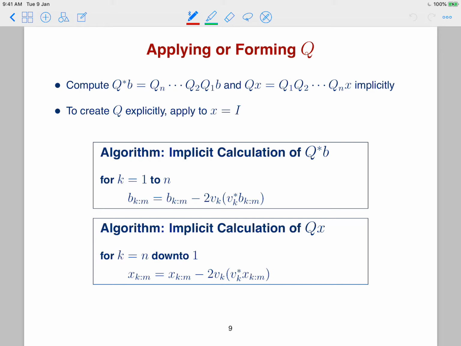Okay, so let's think of, for example, a least squares problem. So this is our least squares problem.